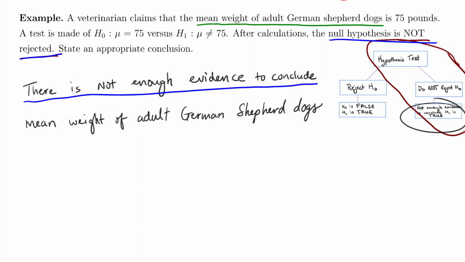So all we can say is there's not enough to conclude this. So the mean weight of adult German Shepherd dogs, mu not equal to 75 here. Not being equal is saying differing from that value. So we can say there's not enough evidence to conclude the mean weight of adult German Shepherd dogs differs from 75, and then they use the units pounds.